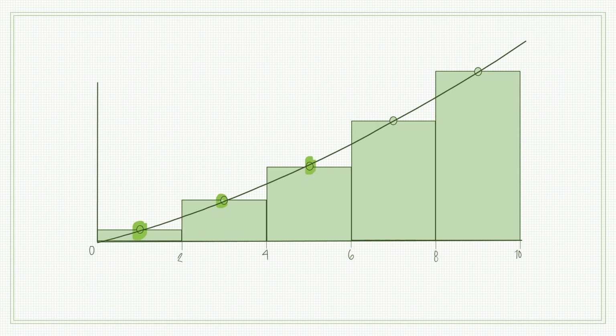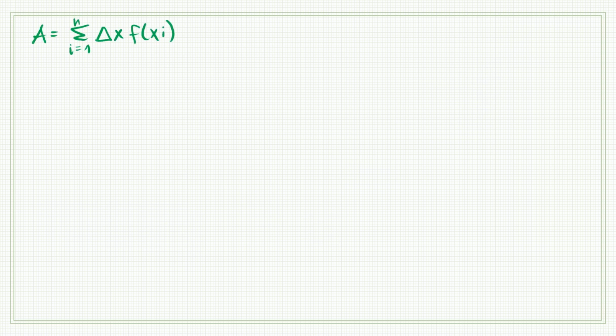In midpoint, the point lies between or in the middle of two x values. We're going to draw the rectangle where the line intersects that point, meaning the points we're going to use are 1, 3, 5, 7, and 9. We can use this formula to get the area of midpoint.